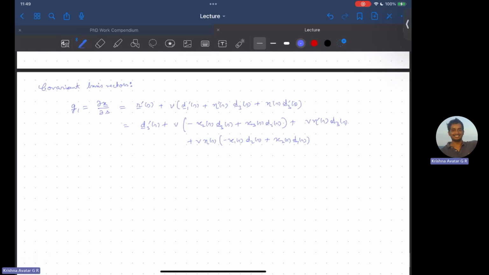And we'll do some rearranging. Then we can write this as v eta of s kappa 2 of s d1 of s plus v kappa 3 of s minus eta of s kappa 1 of s.